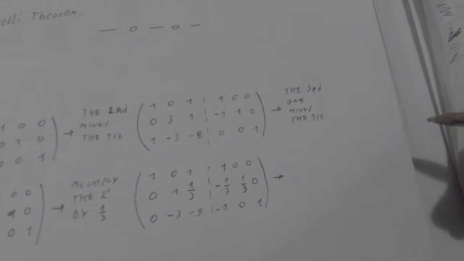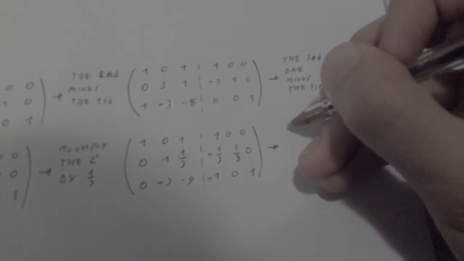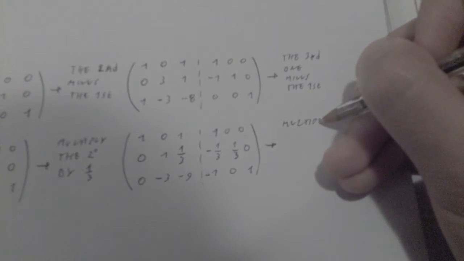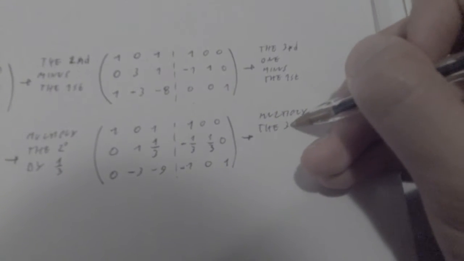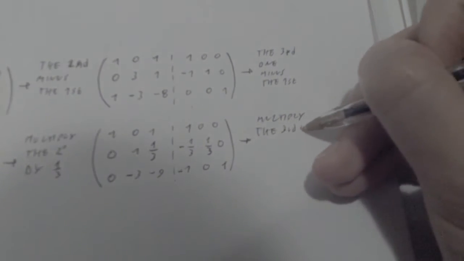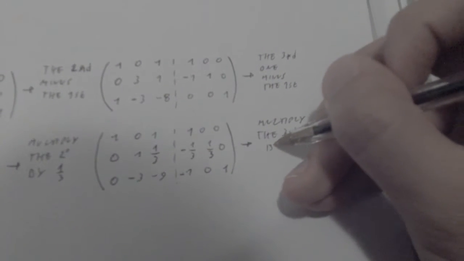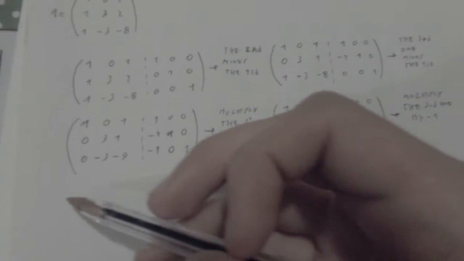Okay. And then I'm going to multiply the third one by negative 1. I'm going to change the sign. So the third one by negative 1. I kind of squeezed it here, so I'm going to go here once again.